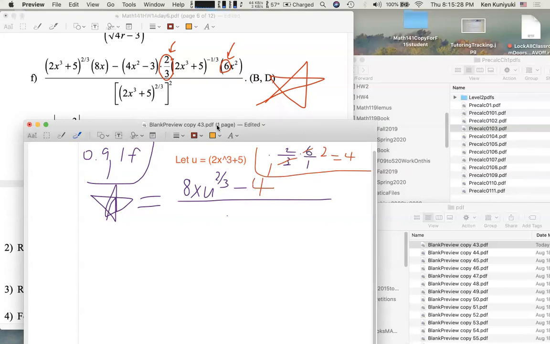And then I have this polynomial piece, the parenthesis 4x squared minus 3. And then the more general algebraic piece, U to the negative 1/3.